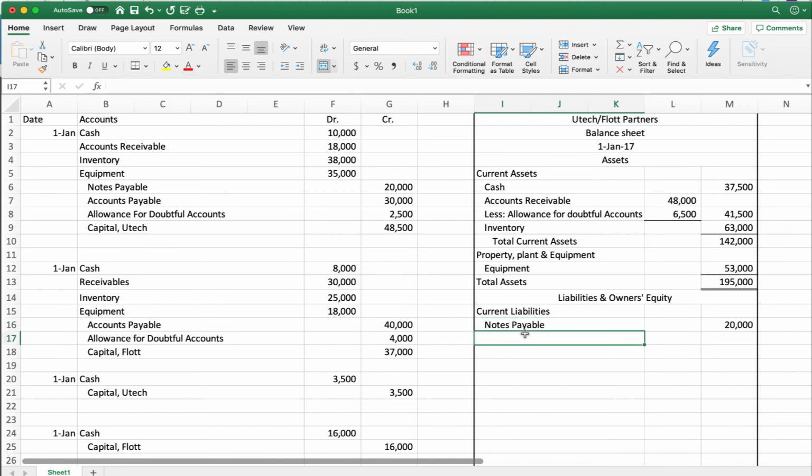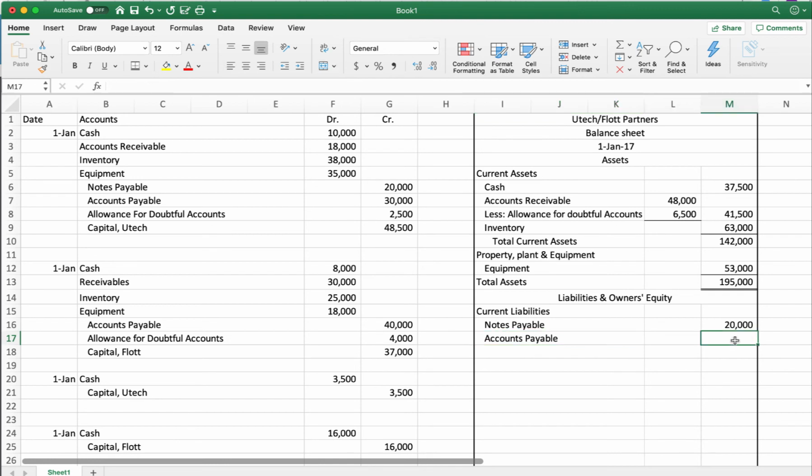Okay, next current liability I need to list is going to be my accounts payable. Make sure you indent once. See how nice this looks? The title of current liabilities is strictly left aligned, or completely aligned to the left. And then I list all the current liabilities and slightly indent them.